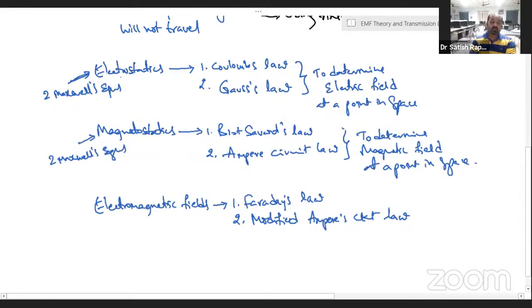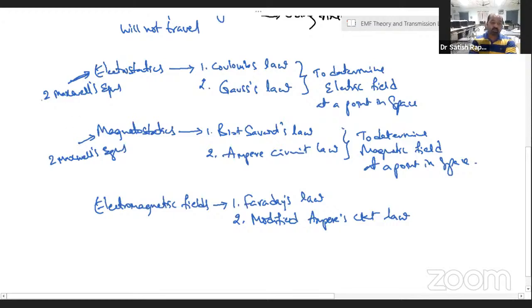So Maxwell's equations are very, very important. Without Maxwell's equations, there is no EMF. Maxwell's equations are the heart of EMF. Only through Maxwell's equations can we understand how EM waves can be generated.